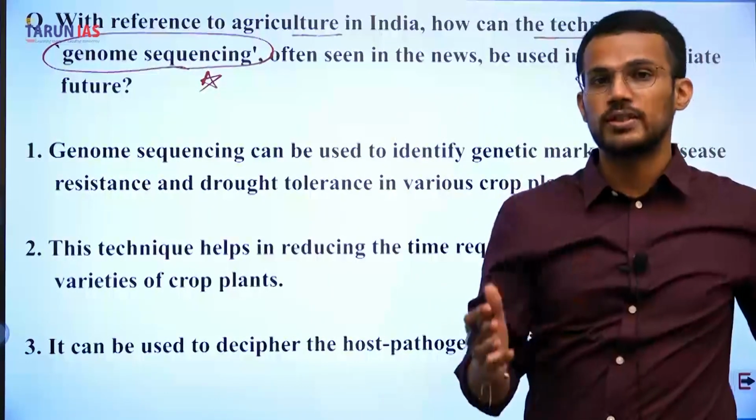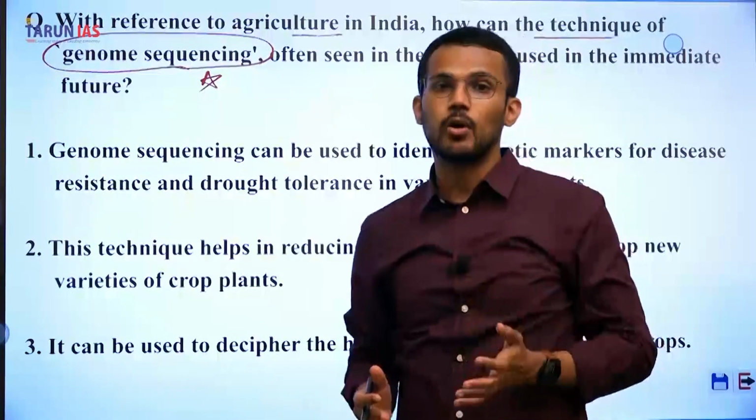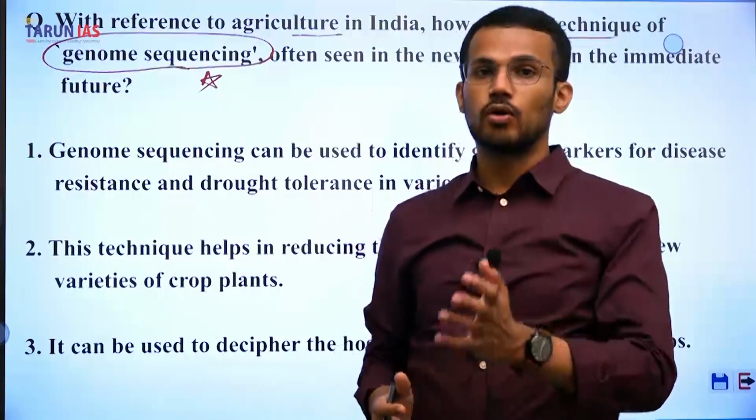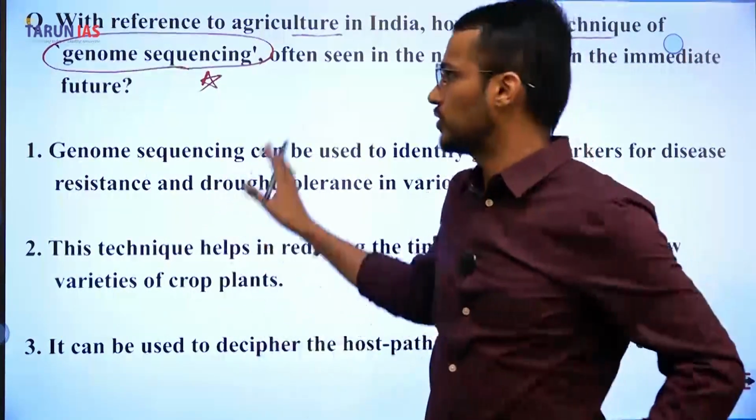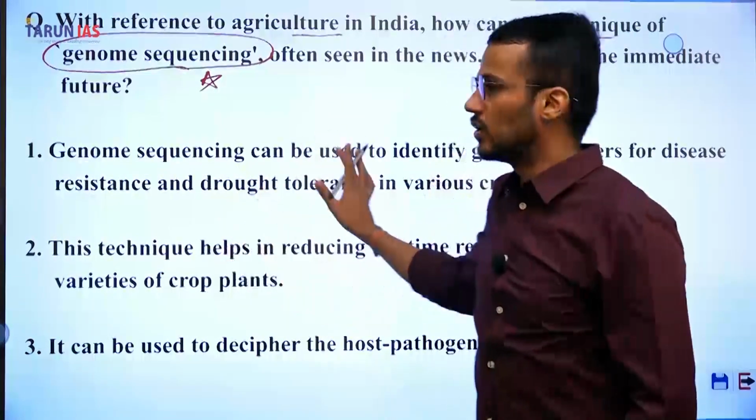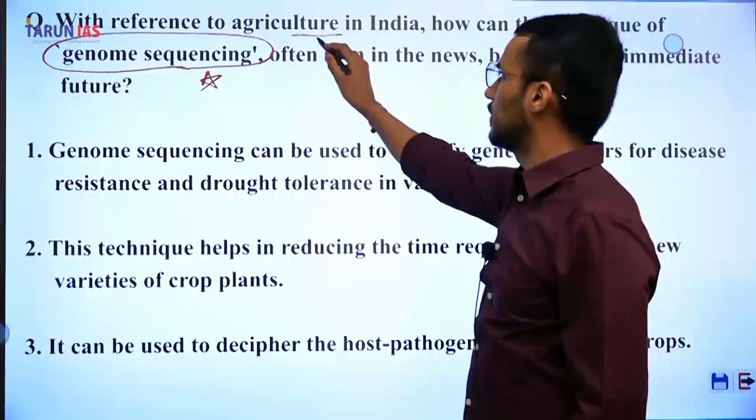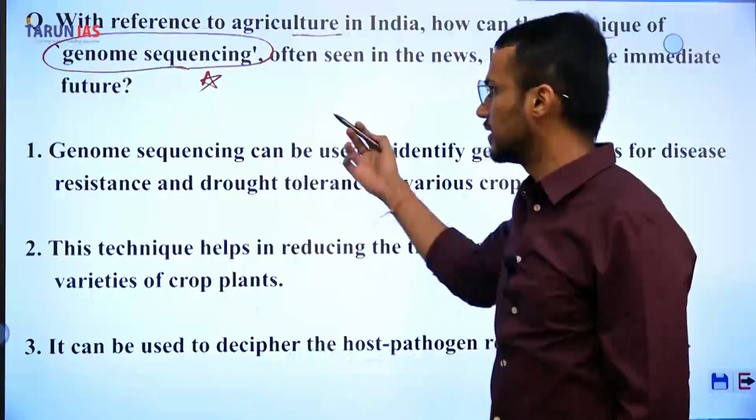So genome sequencing can give us an idea about the variants of coronavirus. But this question from 2017 was related to genome sequencing in agriculture. So we'll discuss this question.